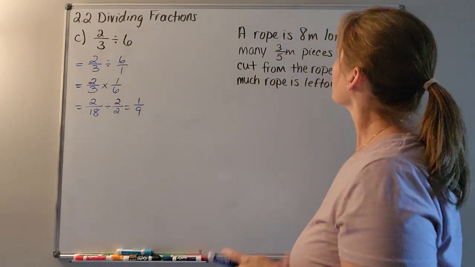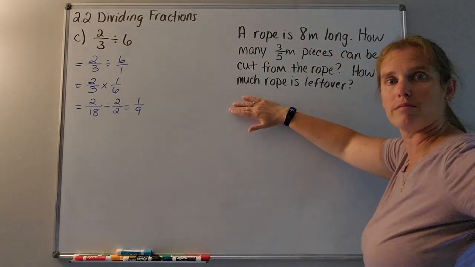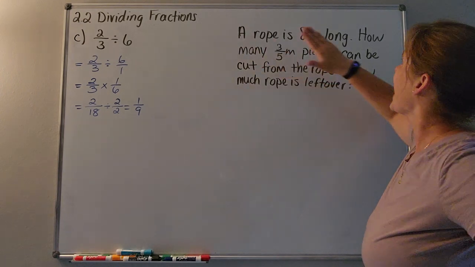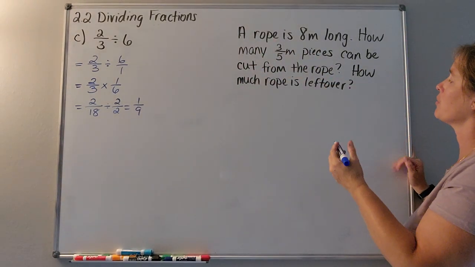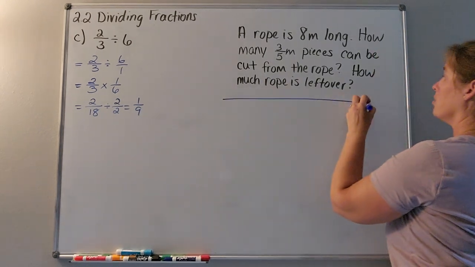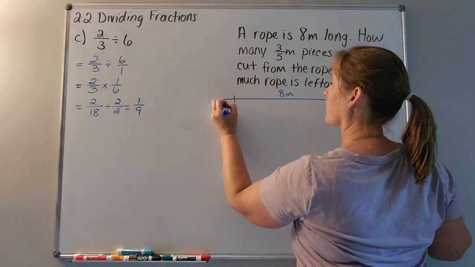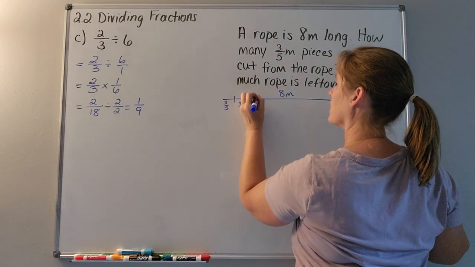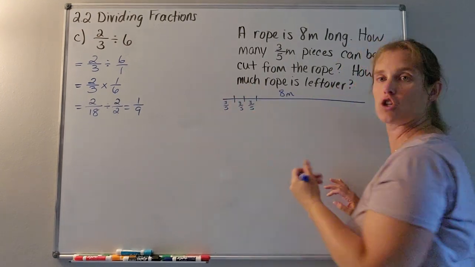Okay, now let's take a look at an example where we can use some dividing fractions. A rope is 8 meters long. How many 3/5 meter pieces can be cut from the rope? And then how much rope is left over? So if this is my rope, that's 8 meters long. They're asking, if I break it up into little 3/5 chunks, how many of these little 3/5 chunks are there?